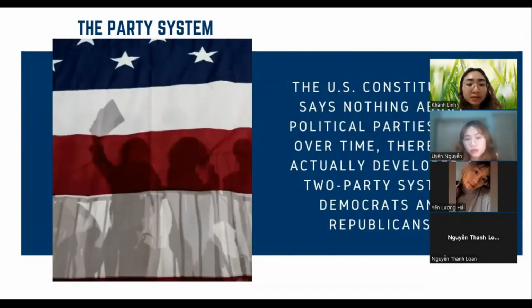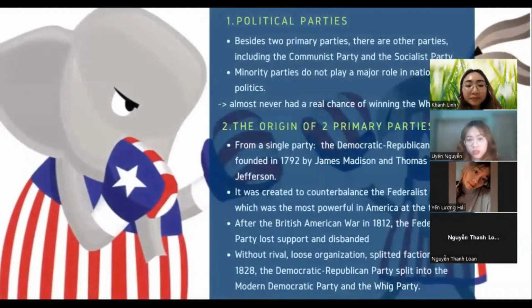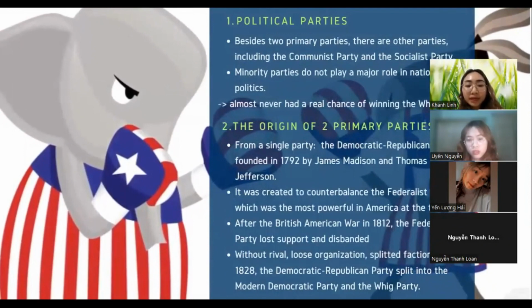The US Constitution says nothing about political parties, but over time, a two-party system has actually developed, the Democrats and the Republicans. Besides these two parties, there are other parties, including the Communist Party and the Socialist Party.